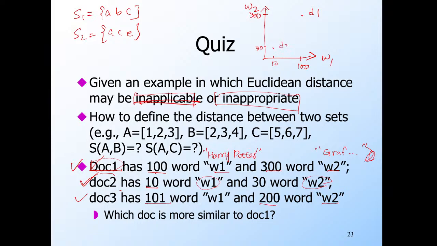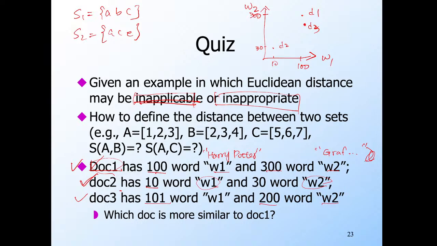Doc 3 is 101 and 200, probably here. So if you use the Euclidean distance, then doc 1 and doc 3 are closer.